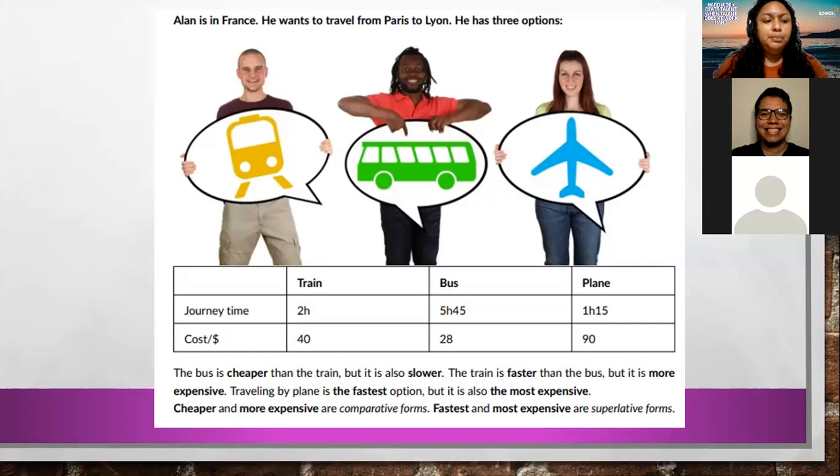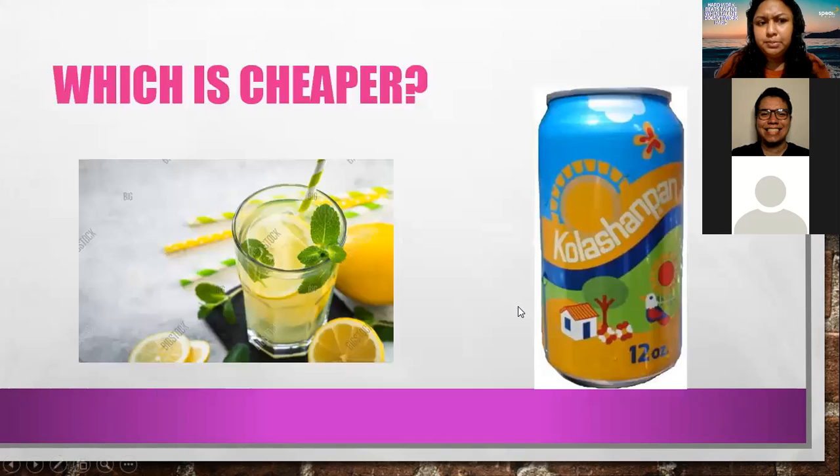I'm sure that you know these words already, but today we're going to practice how to identify when it is okay to say, for example, faster and the fastest, when it is okay to say slower and the slowest, or when it is okay to say more, like in more expensive, okay? So we're going to learn how to identify it and we're going to put it into practice.